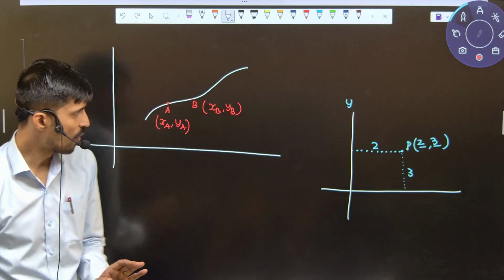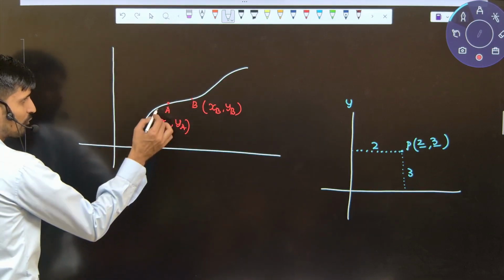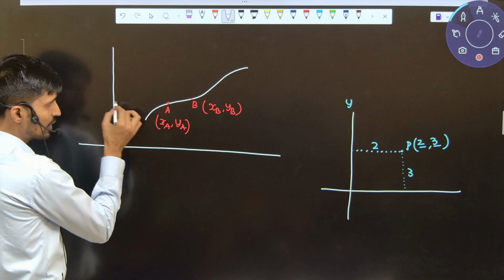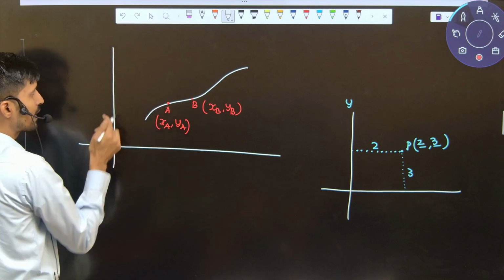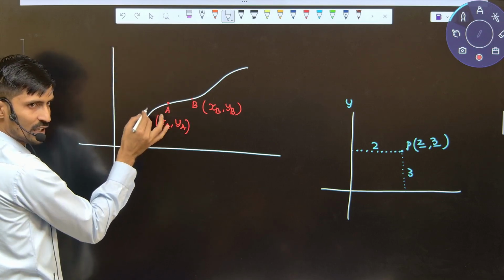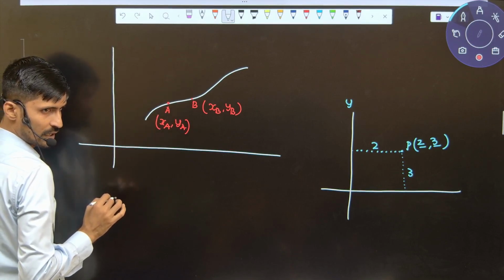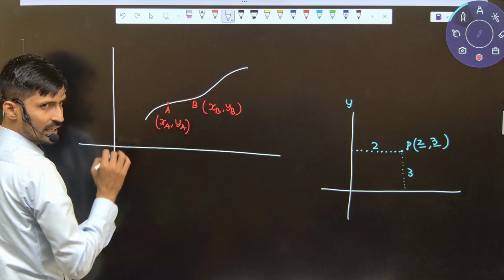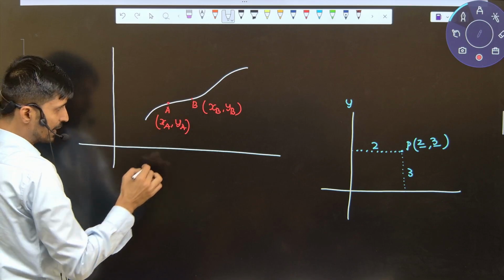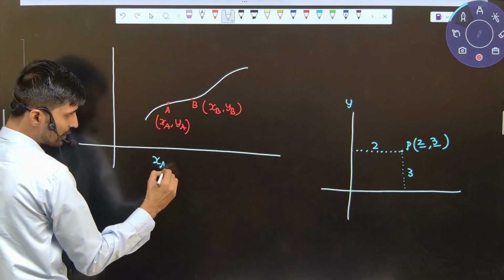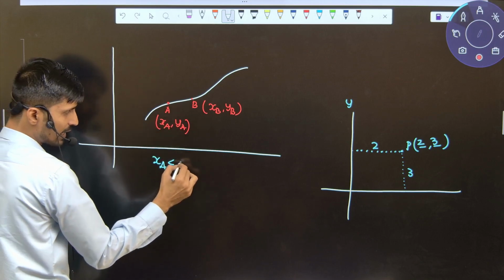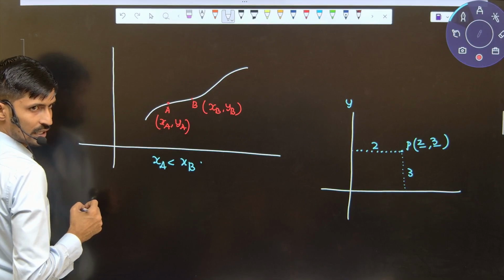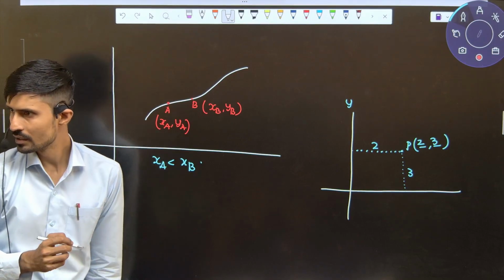Now you tell me, for point A and point B, which point is near to the y axis? A point is near to the y axis. Vishnu Priya, which point is farther from the y axis? It means x of A will be less than x of B. Yes or no? Everyone?